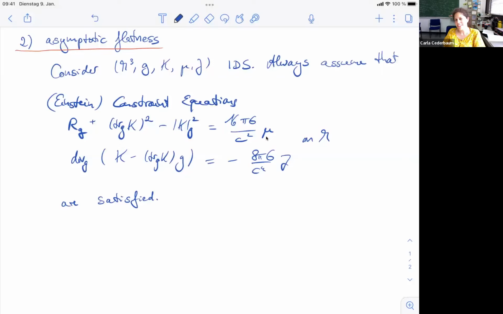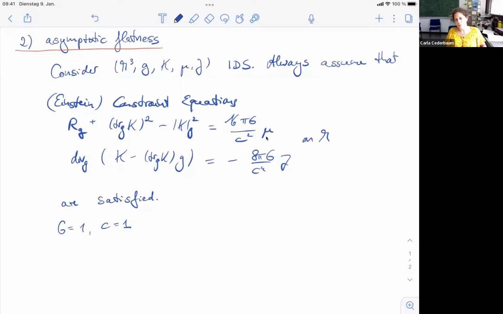So whenever I say initial data set now, it's presumed that it satisfies these constraints. And from now on, I'm going to set G to 1 and C to 1 by picking units accordingly, because it's going to be too long to write them every time.